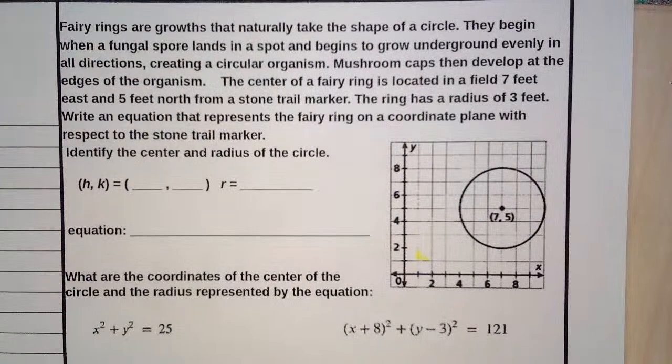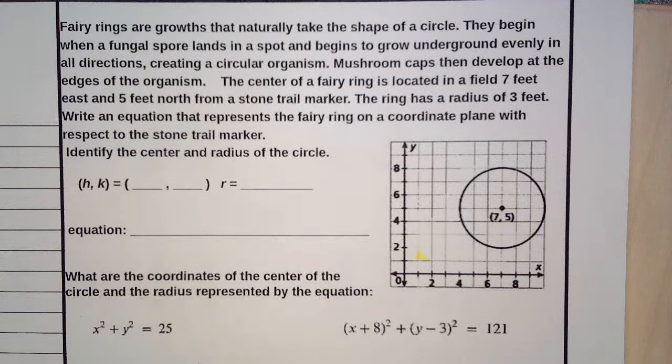Okay, we always have to have word problems because we love them. Fairy rings are growths that naturally take the shape of a circle. They begin when a fungal spore lands in a spot and begins to grow underground evenly in all directions, creating a circular organism.